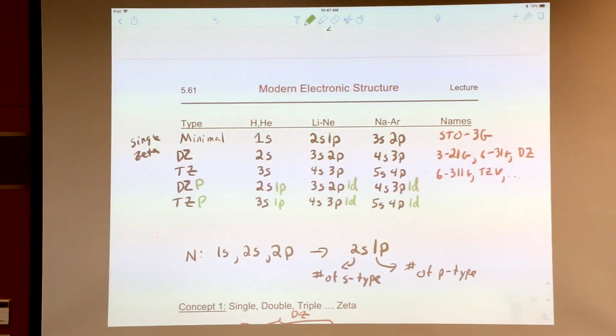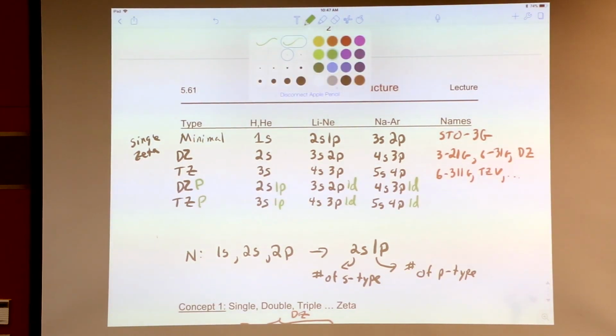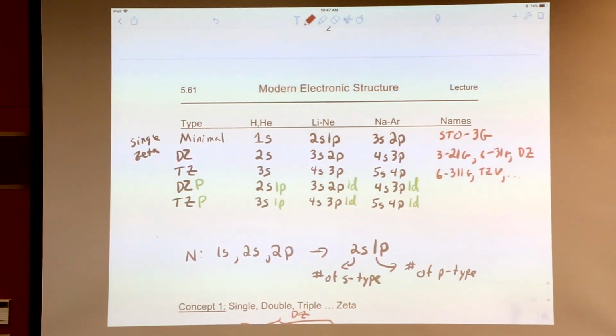And then these things have names. So there's 6-31G star, which is a very common DZP basis set. Or there's also that DZ basis that I mentioned above, which has a DZP generalization of it.